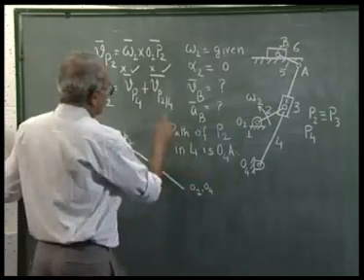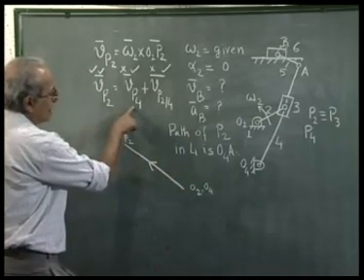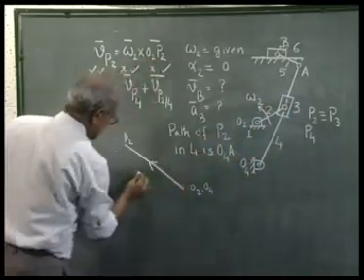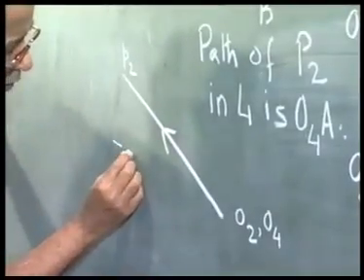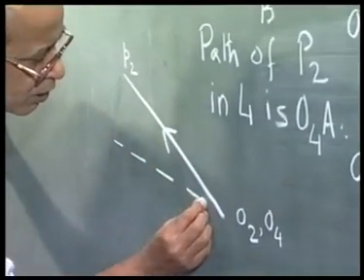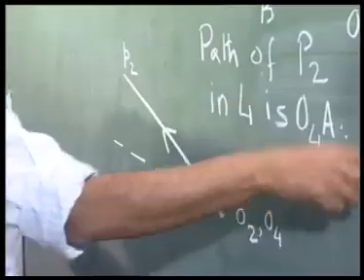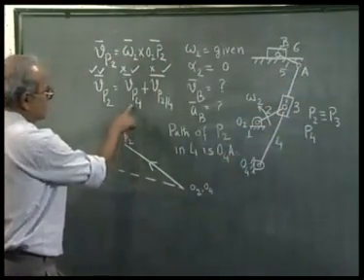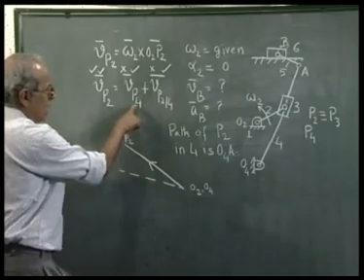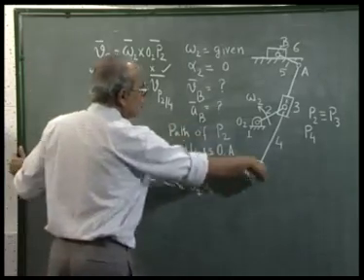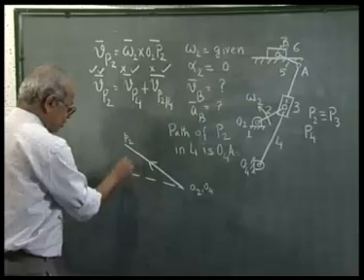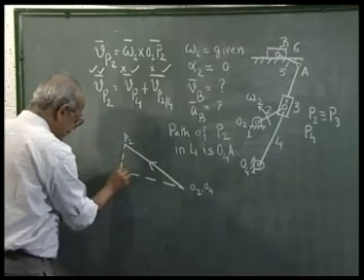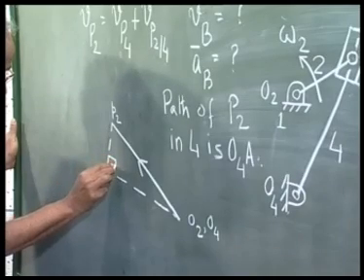Now, velocity of P4, I know the direction, that is perpendicular to O4A. So, I draw a line through O4 which is perpendicular to O4 P4 or O4A. So, this vector must represent Vp4 and Vp24 is along O4A, that is perpendicular to this line. So, I drop a perpendicular from P2 to this line. This is perpendicular.